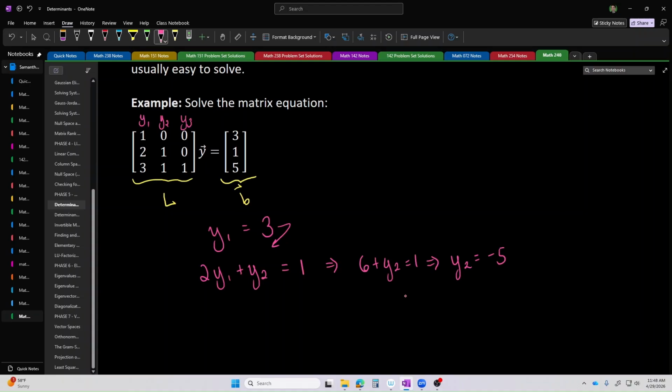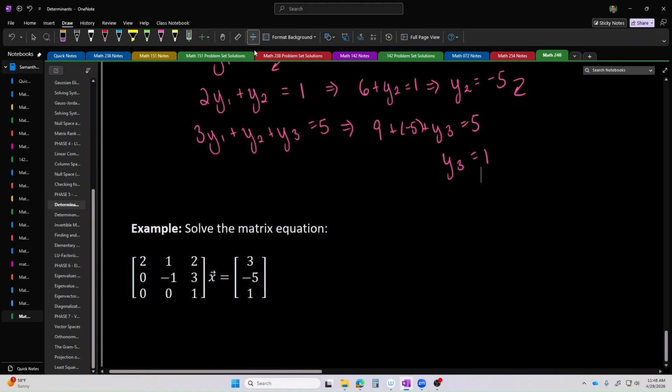Then I can read the final row to get the final equation, 3y1 plus y2 plus y3 equals 5. Again, I can find y3 pretty easily by substitution. Plug in y1 equals 3, plug in y2 equals negative 5, and solve for y3, and we get y3 is equal to 1, I think.